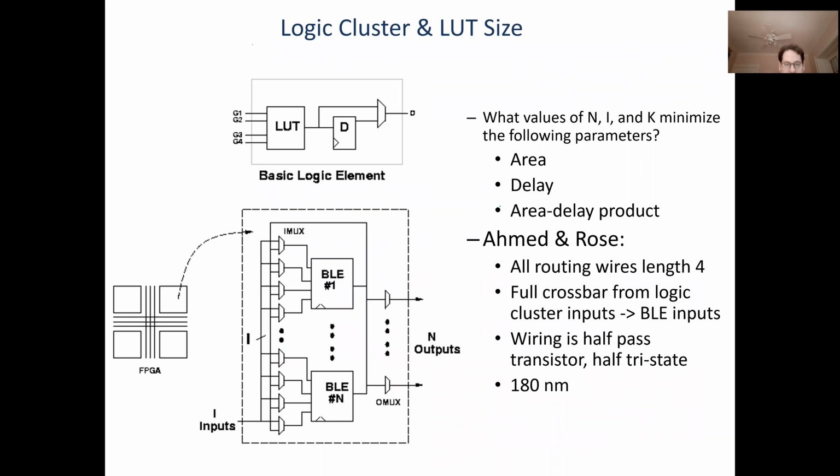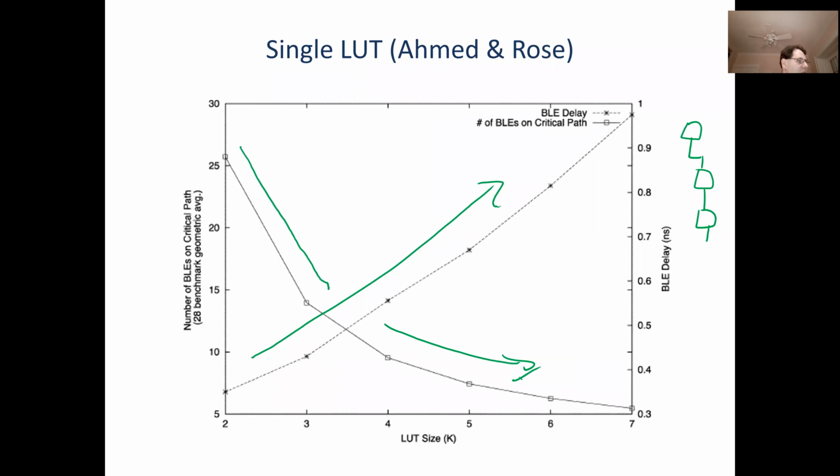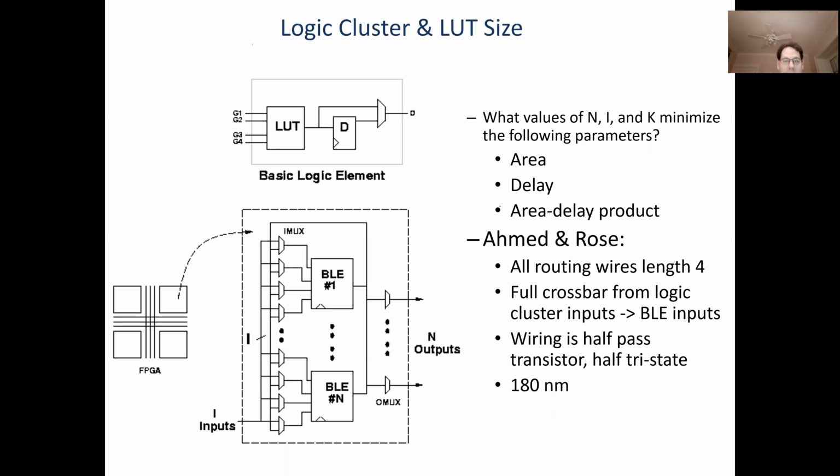Okay, so that was looking at just single lookup tables. But they don't want to look at only single lookup tables. For all the reasons we talked about before, these logic clusters are interesting. So they want to now take a lookup table, a flip-flop, and basically put it inside of a larger logic block, as we've described before.